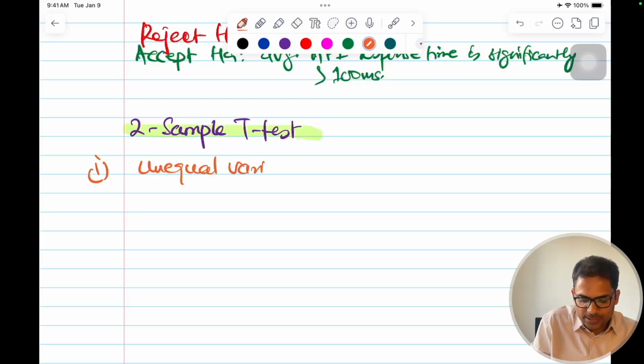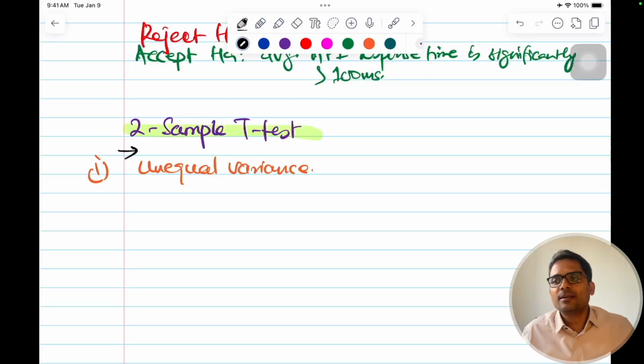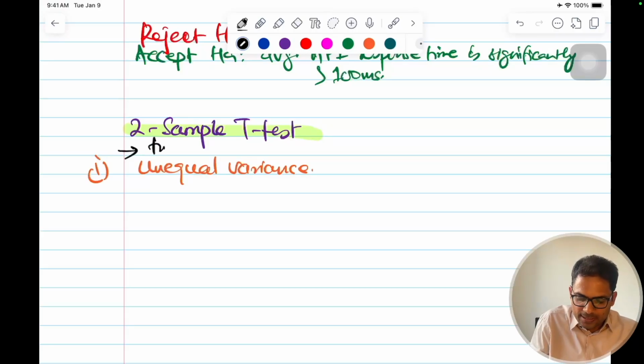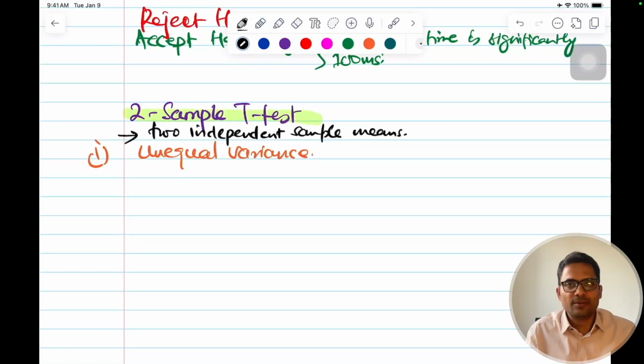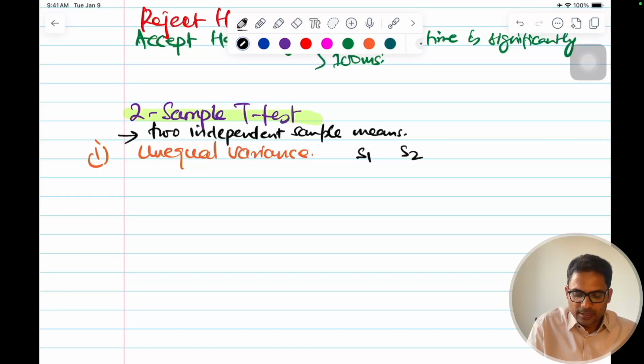Basically this is for comparing two independent samples or groups, and we want to compare the sample means of those. Whatever the means are, the variance of them is unequal. Each sample will have its own sample variance, so S1 and S2 are not equal.